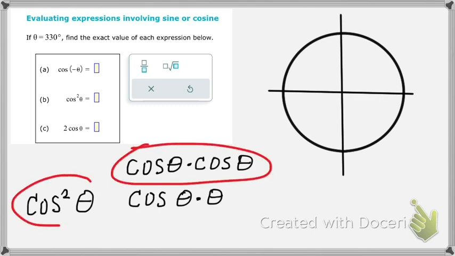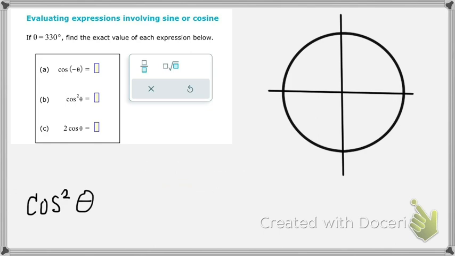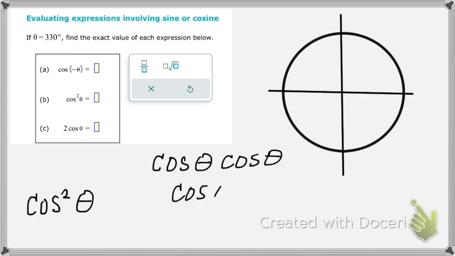And the reason that we write it like this is so that it doesn't get confused with the second one. Let me show you what I mean by that. If I said that I'm really interested in cosine theta times cosine theta, which is cosine theta squared, and if I wrote it like this, someone could easily mistakenly think that I mean theta times theta.